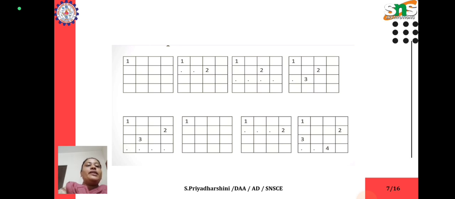So this will be one of the solutions of the 4-queens problem. The same way can be applied for 8 queens as well. Thank you.